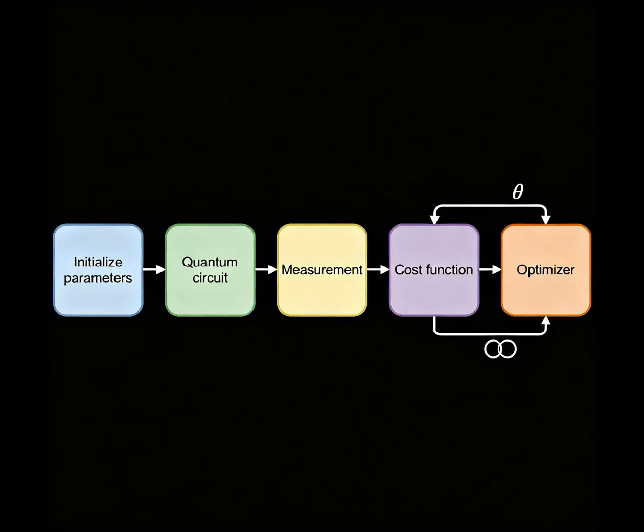Remember that at the end, this is just the scheme that you're following: initialize parameters, you do a quantum circuit, you do the measurement, then you do the cost function, that's going to be solved by the optimizer, but it's going to be a classical optimizer, and you just create a loop until you optimize from that measurement.